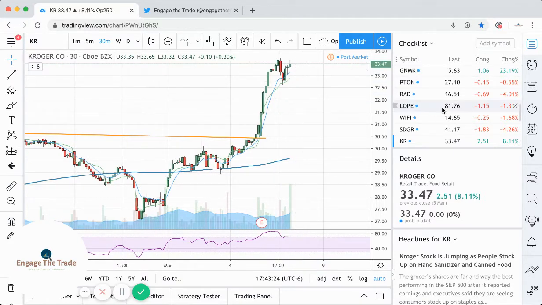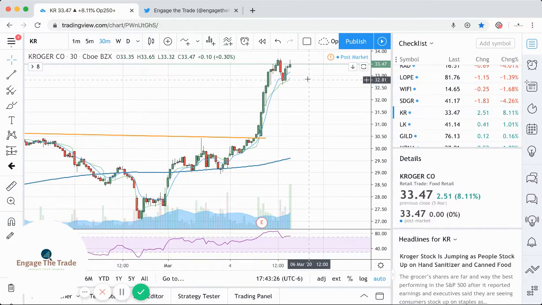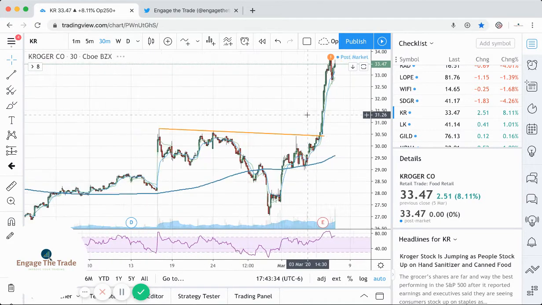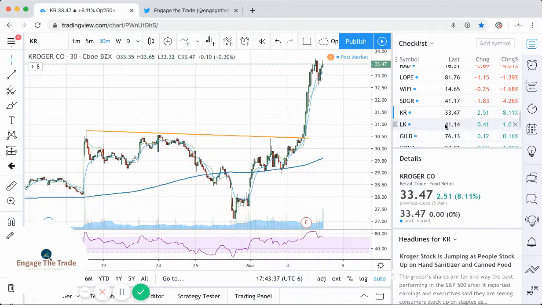But that's kind of what I would do. So hoping for that pullback, or you can play, if it opens lower, play the breakout for a small gain, or hold it long if it's really ripping. So a lot of ways you can play that, but the big play was today, if you were on that.